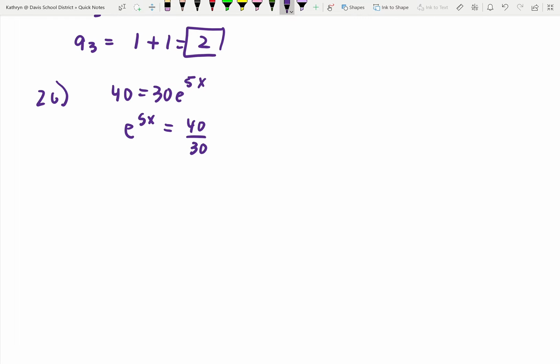So look at the options, okay? It is not option A, pardon me. Look at B, it is option B because 40 over 30 reduces to 4/3. So that would be option B. Look at C, they took the ln of both sides. That is not correct.